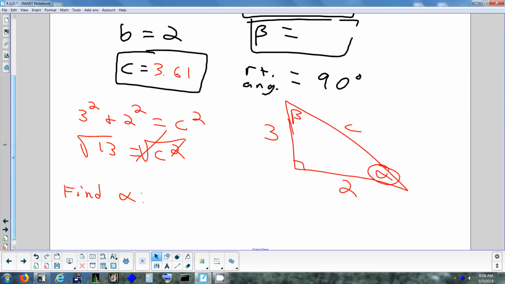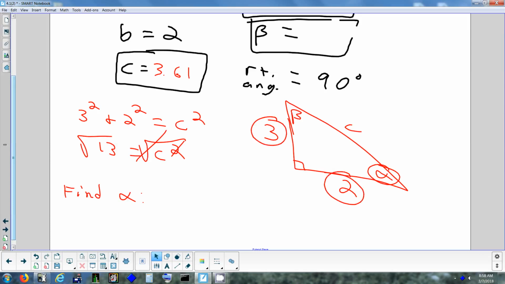So that's the unknown. Every trig equation you set up involves circling 3 things. So you can have one unknown, the other 2 things have to be known. So always use what they gave you, and then circle what you want to find. And that's perfect. I have 3 things, only one of them is unknown.